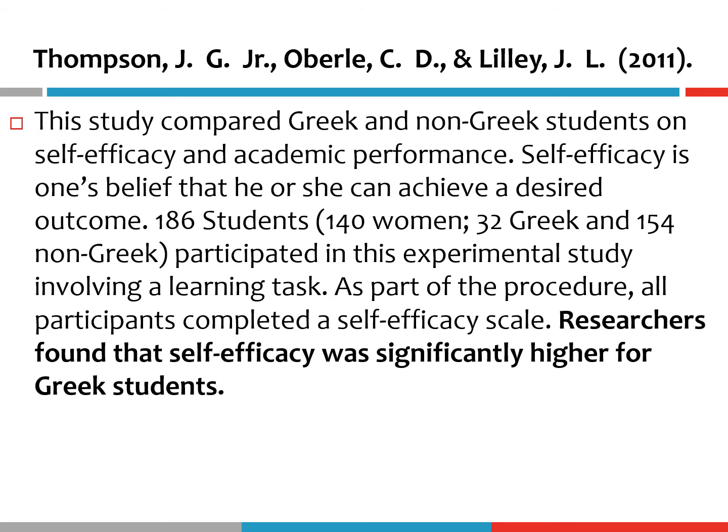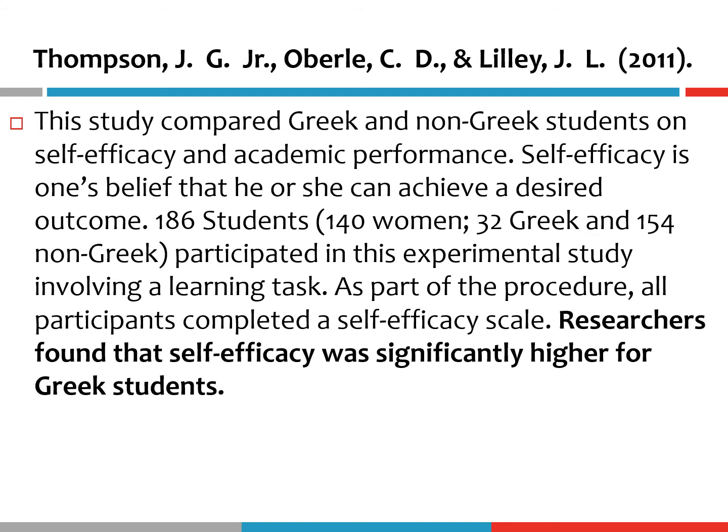Okay. Next one, these particular researchers were also interested in differences between students in Greek organizations and not in Greek organizations. And they were looking at self-efficacy and academic performance. So self-efficacy just measures how strongly you believe that you can achieve a desired goal, okay? And academic performance is obviously, we all sort of know what that is, right?